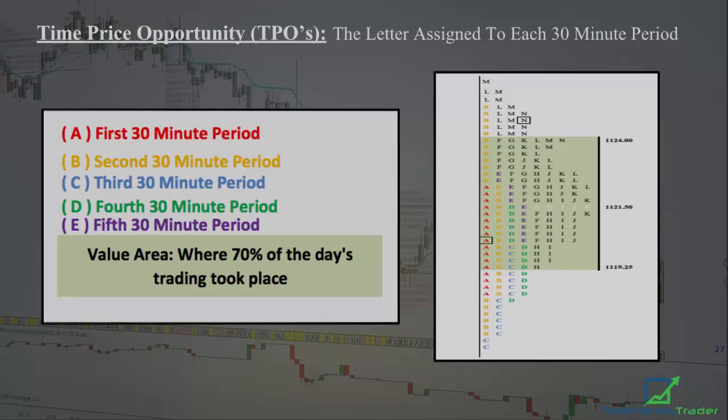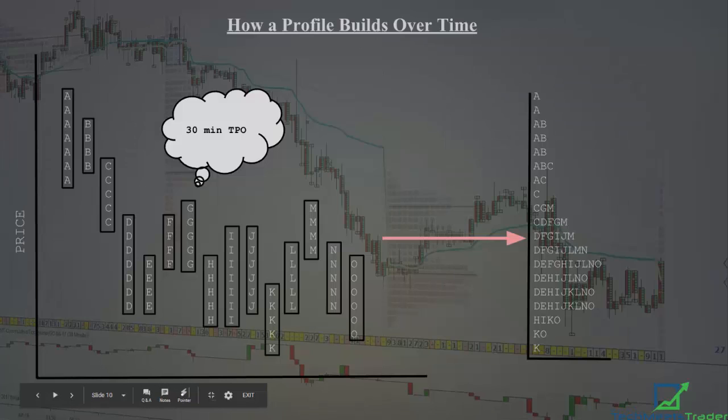Now, if you've never traded with a profile before, it may be difficult to understand how we get this pile of letters stacked on top of each other. Let's take a look at it in a different light, in a way that we all understand, which is candlesticks. A 30-minute bar, or a 30-minute TPO, is another way of looking at it. We can see the first 30 minutes of the day, letter A, and the high and the low of that bar.